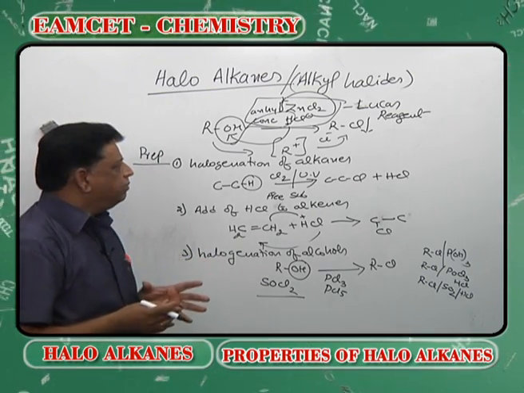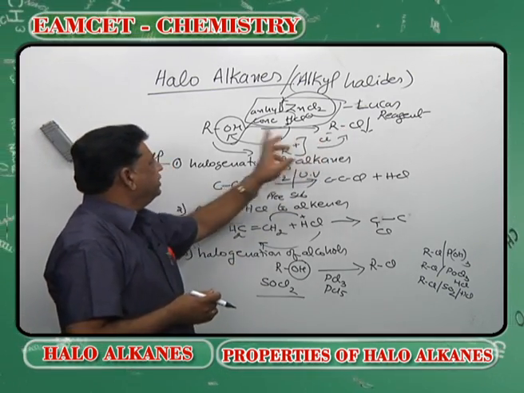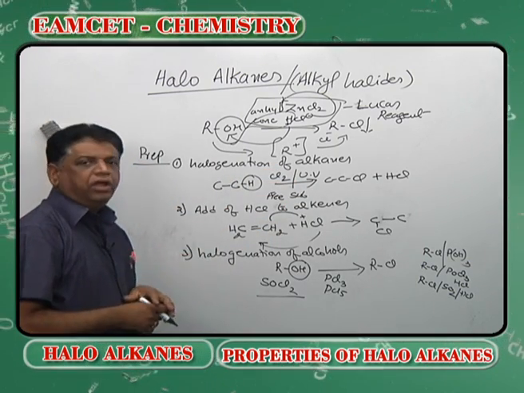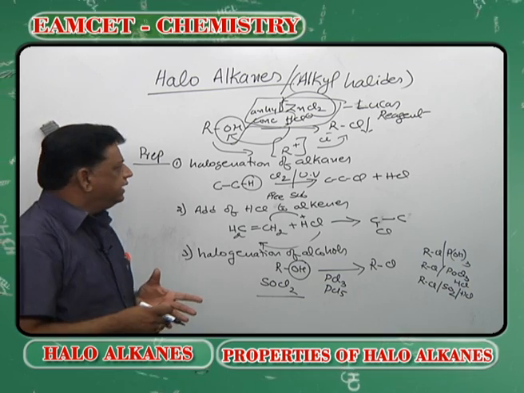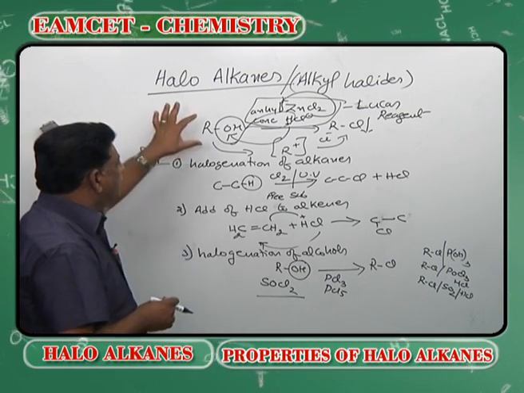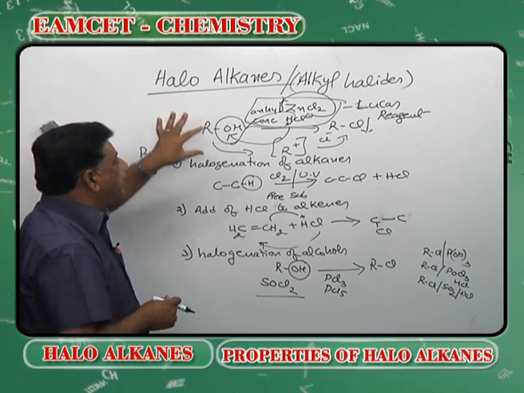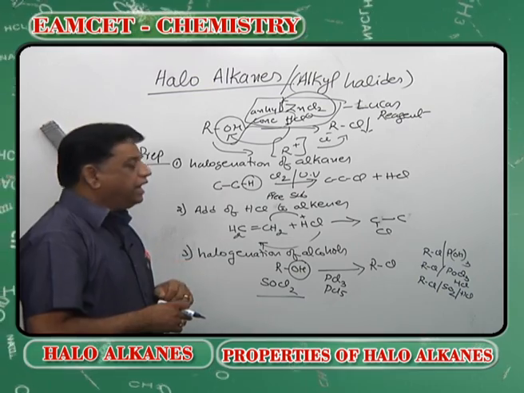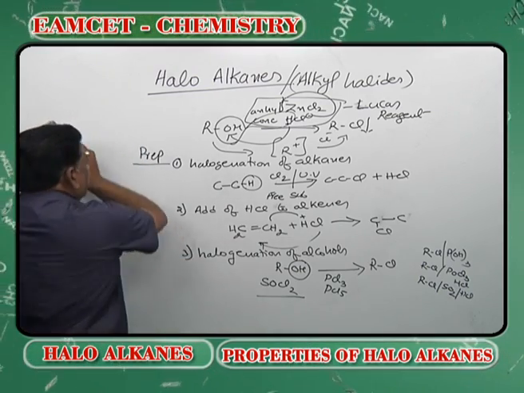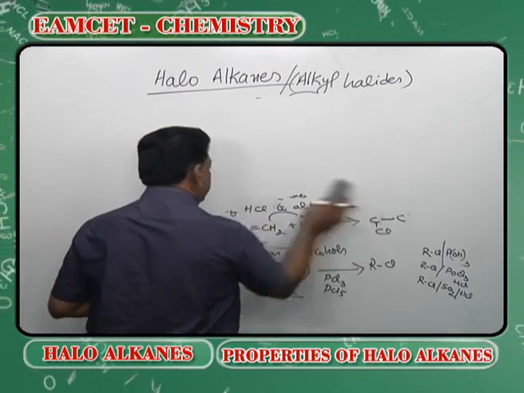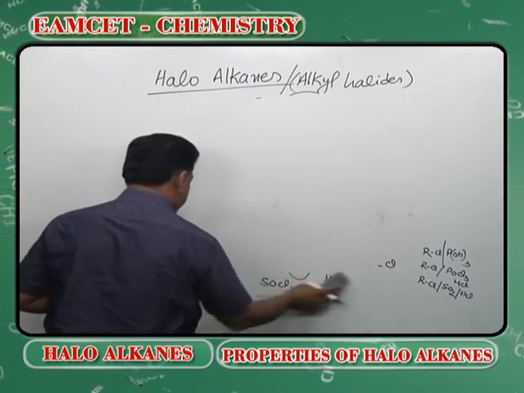The secondary will take 5 to 10 minutes, and for the primary, even on waiting there will not be a visible reaction. So, we have a scope to differentiate the different types of alcohols using this Lucas reagent. Okay. Then we will go to some of the properties of these compounds.